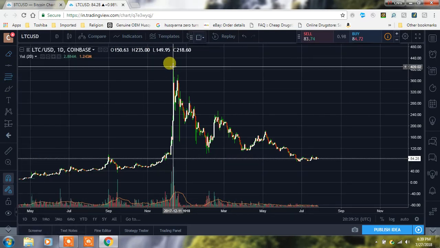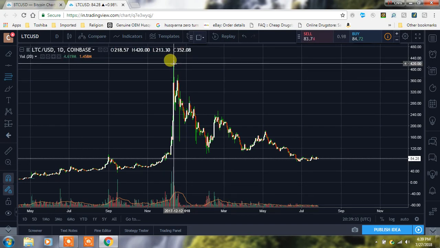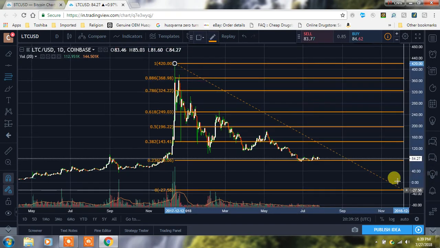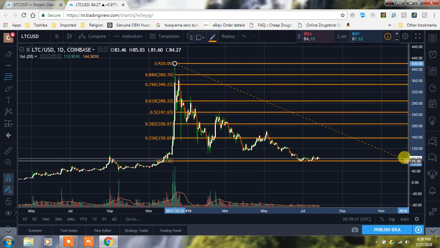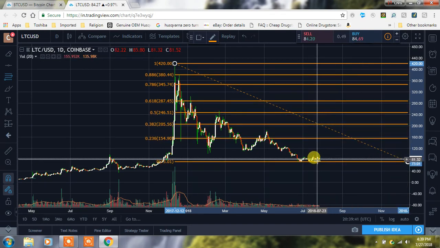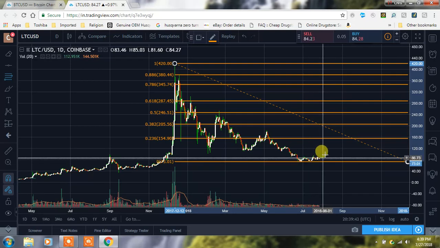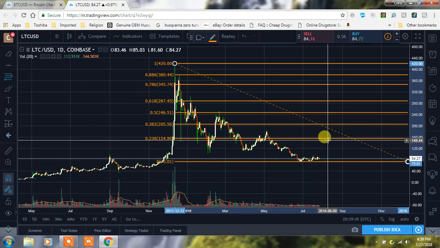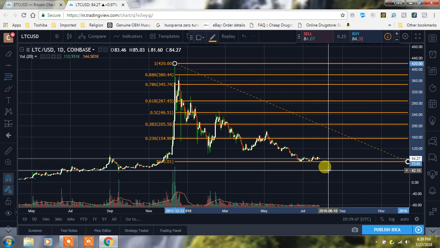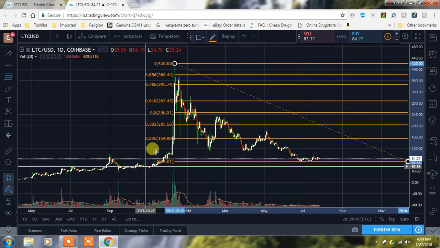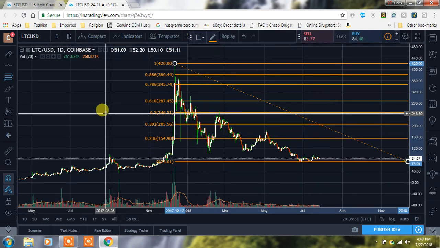And our fib retracement from here, see how far we've bounced back up. And that's our channel, about right in there, guys. So just kind of hanging around here, seeing if we can make a move back up to that 236, around 154 it would be. And that's of the overall chart here, that version.